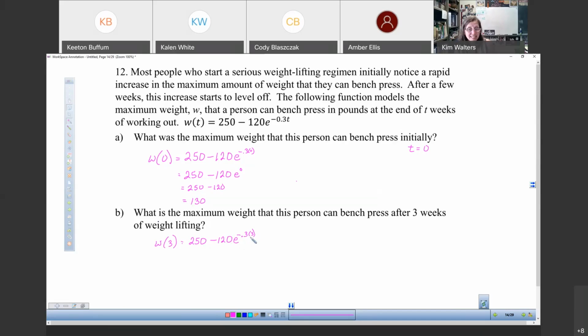Remember, do this together. Put it in parentheses if you need to. Order of operations is going to tell us to take care of that exponent first, and then take care of the multiplication, and then take care of the subtraction, or your calculator will allow you to do all of this at once.